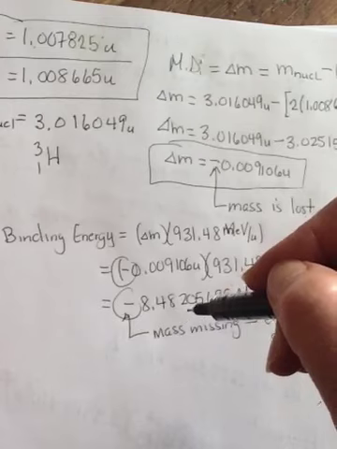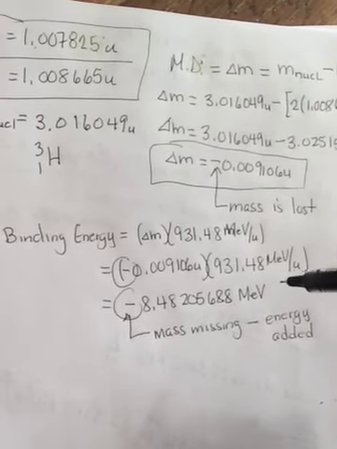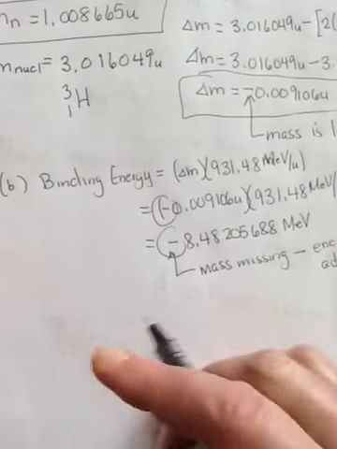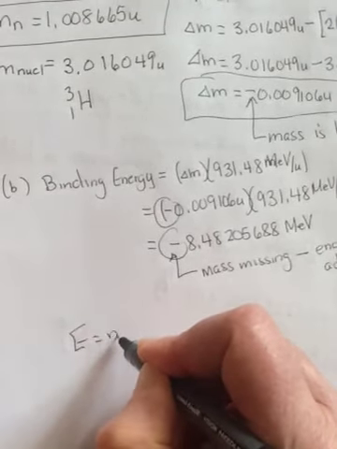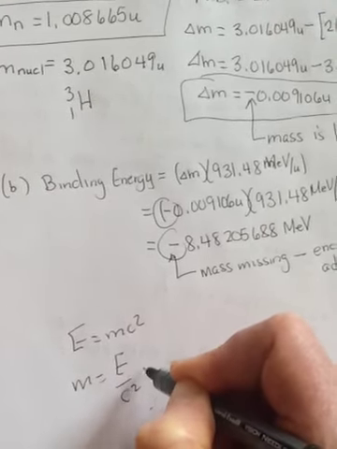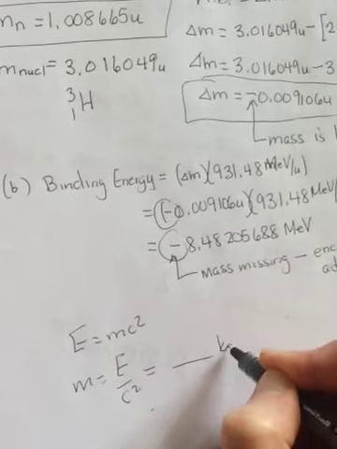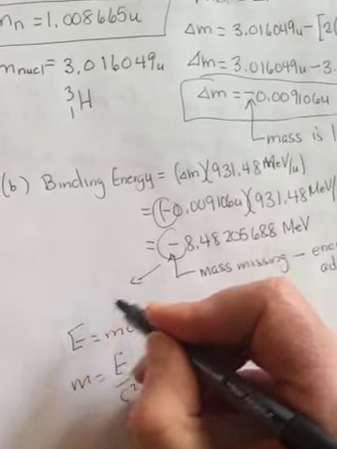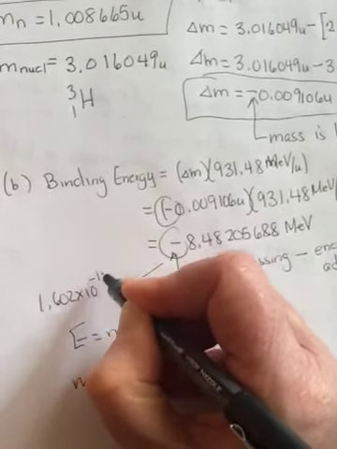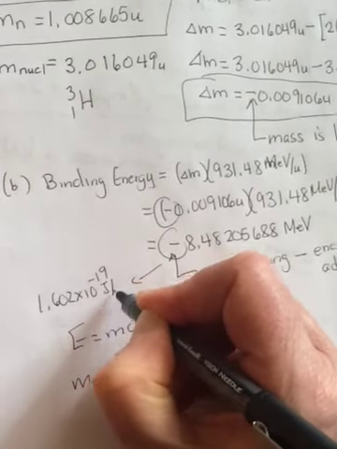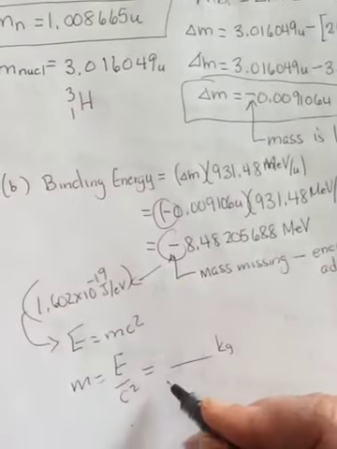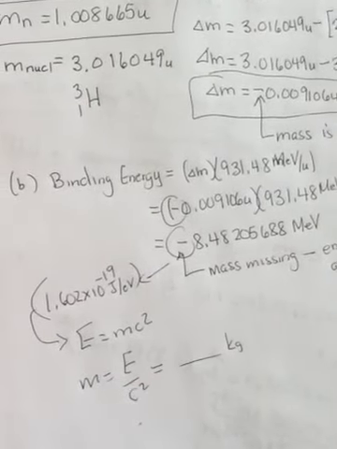Then you could use E equals mc squared: take your joules and divide it by the speed of light squared to get your mass in kilograms.